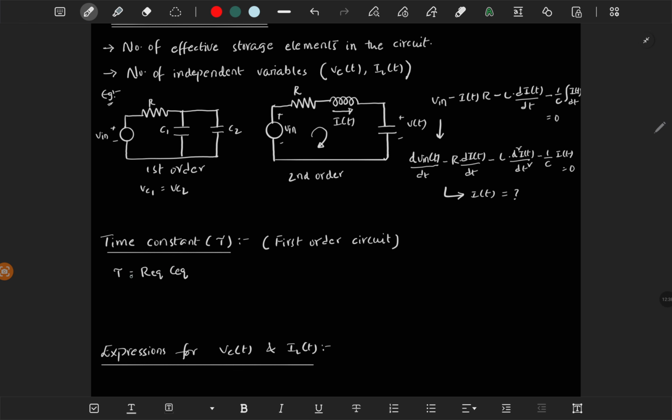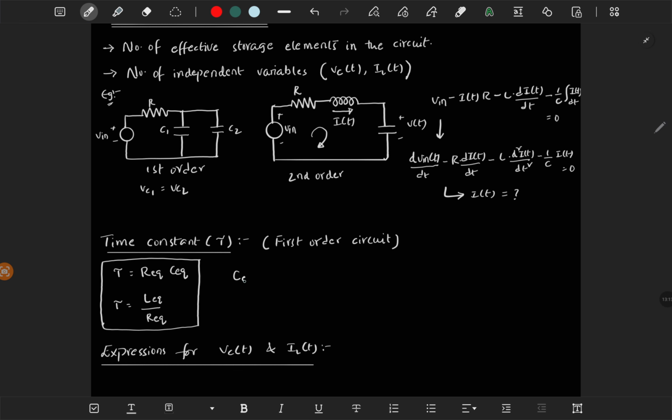For any first order circuit, if it has some capacitors and resistors, then the time constant is R equivalent times C equivalent, and for an RL circuit it is L by R. Using these two, we can find the time constant of a first order circuit. Then we can solve for the voltage or current, anything in that first order circuit.